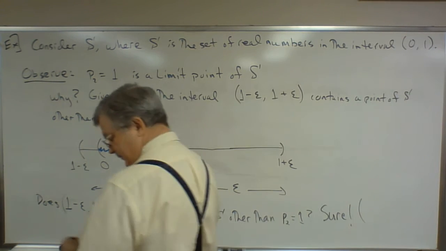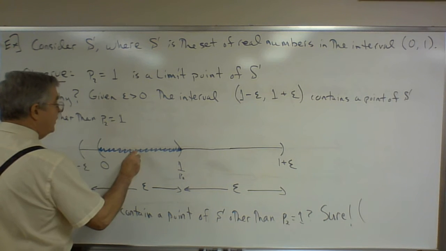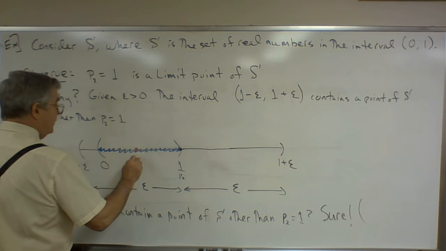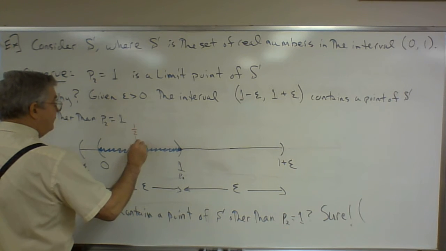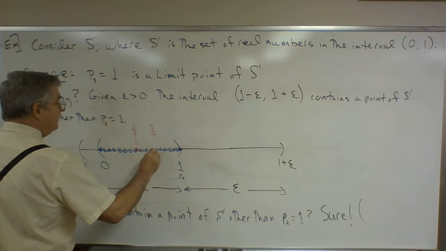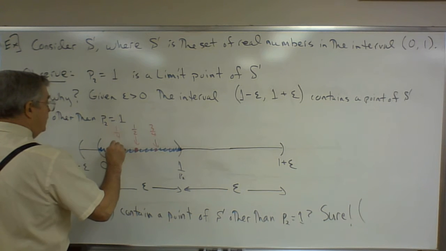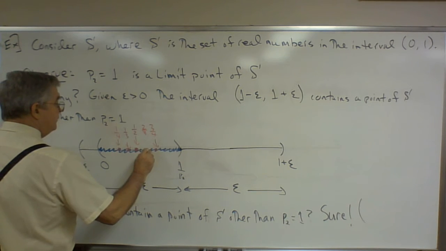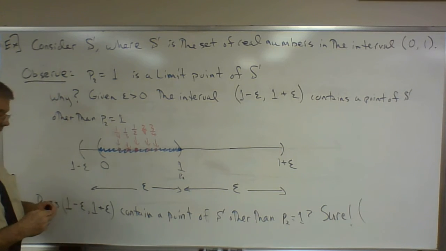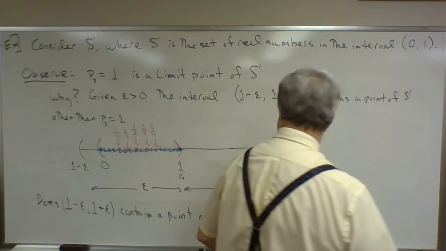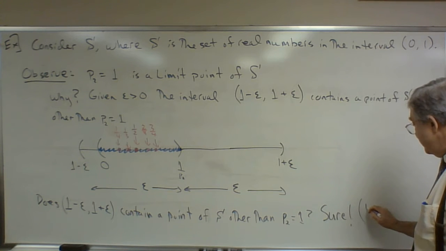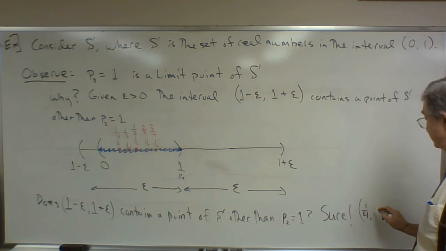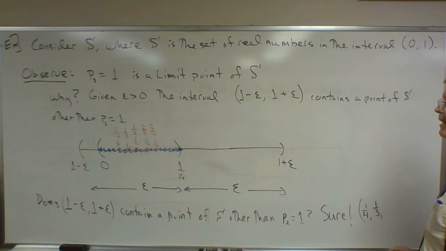Let's look at some of them. 1/2, 3/4, 1/4, 1/3, 2/3, etc., etc. So we can make up infinitely many points that are contained in this interval, 1 minus epsilon, 1 plus epsilon.